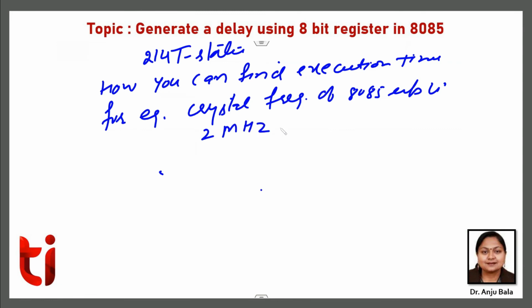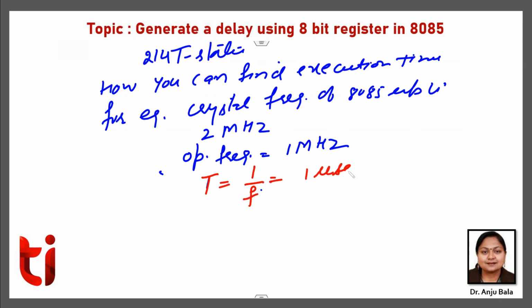The operating frequency is divided by 2, so it would be 1 megahertz. Whenever we need to find the time, we need to evaluate the operating frequency. If the operating frequency is 1 megahertz, then the time for 1 T state is 1 over F, that is equivalent to 1 microsecond.